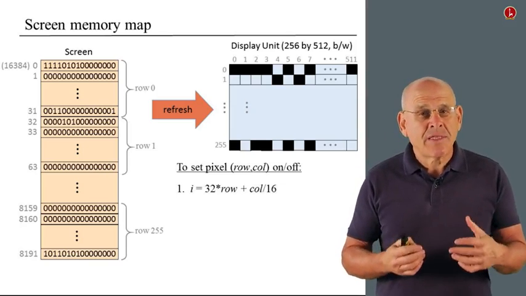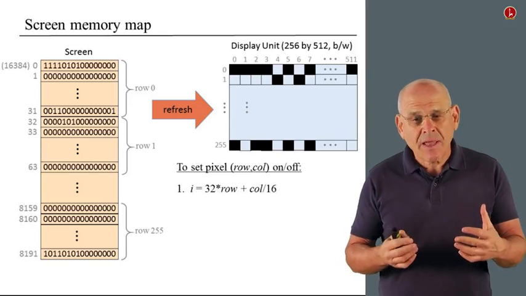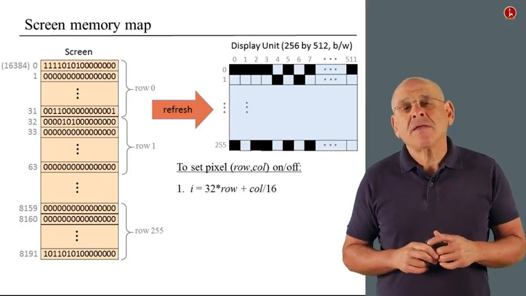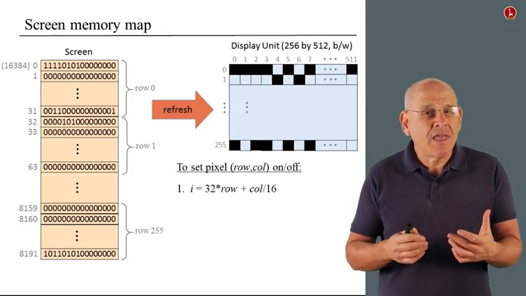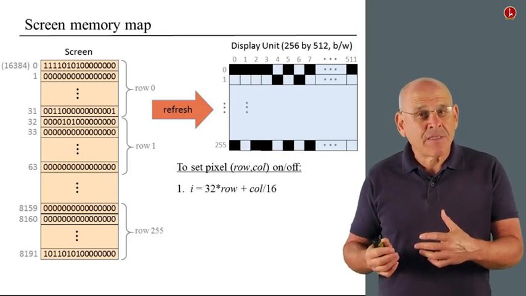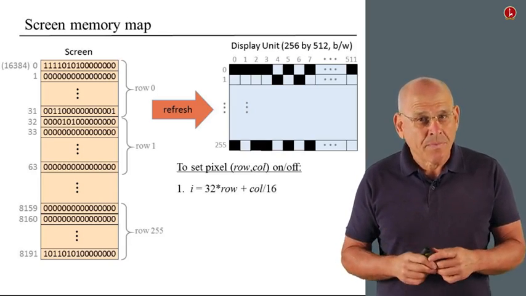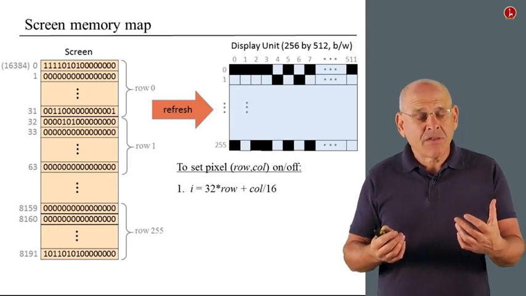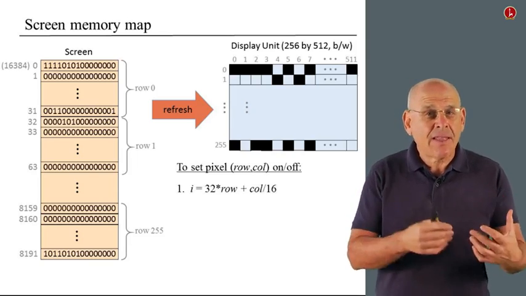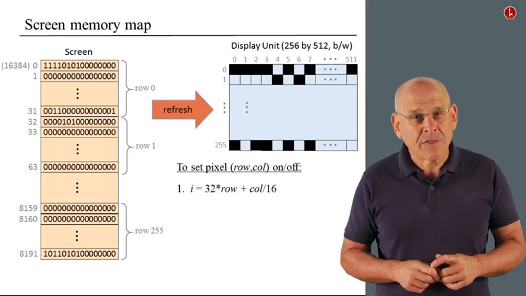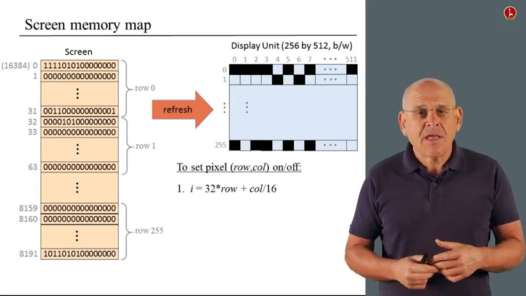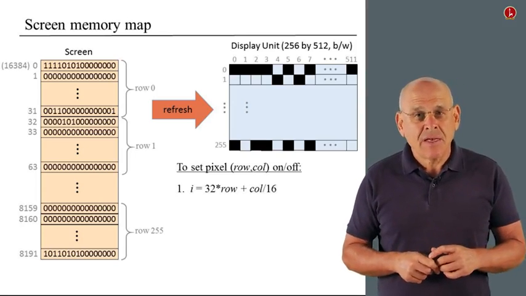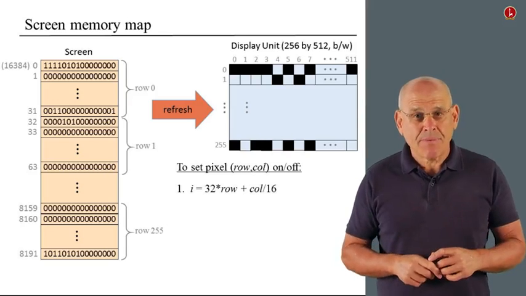And this, by the way, is integer division. Namely, I throw away the remainder of the division. So for example, if column equals 18, then 18 divided by 16 is 1. I take the result of this integer division, add it to 32 times row, and this gives me the address of the register that I have to manipulate in the respective memory map.